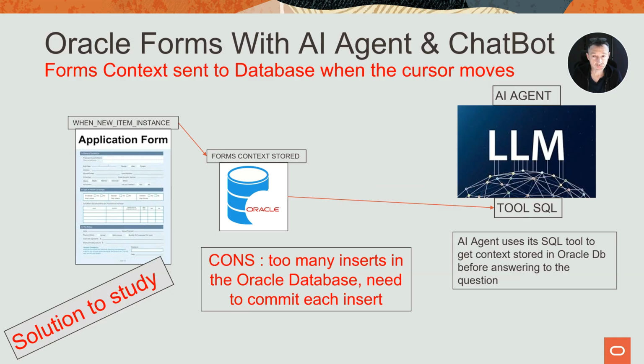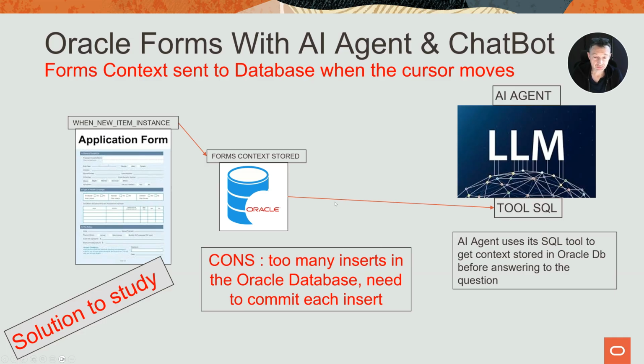Now, you want to send the context to the database each time the cursor moves on the screen. So you use a trigger, WHEN-NEW-ITEM-INSTANCE, and each time you store the context here. It means that your AI agent can use a SQL tool, and the AI agent calls the SQL tool to get the context before answering the question.